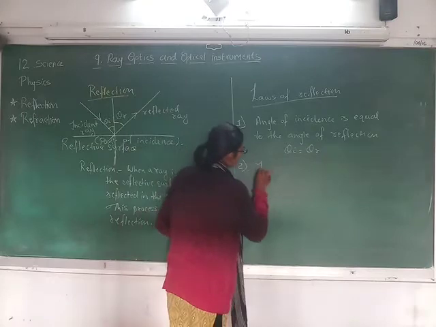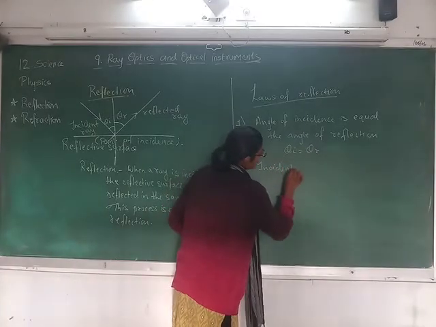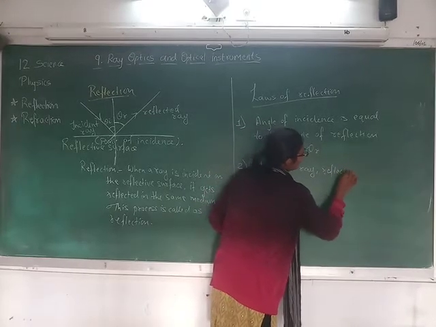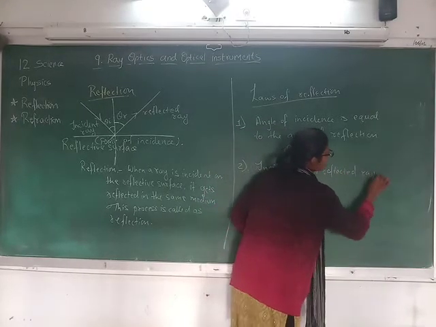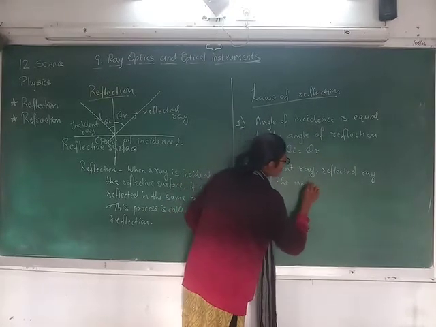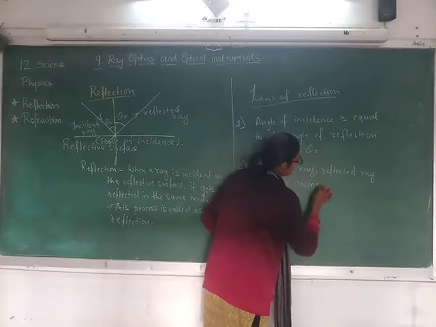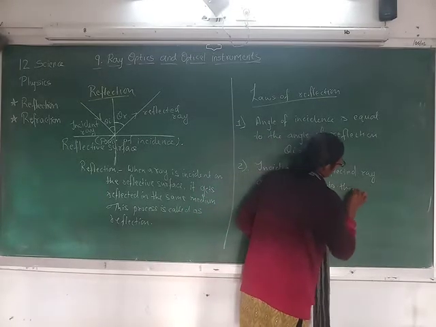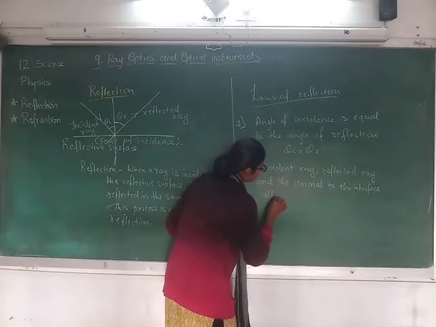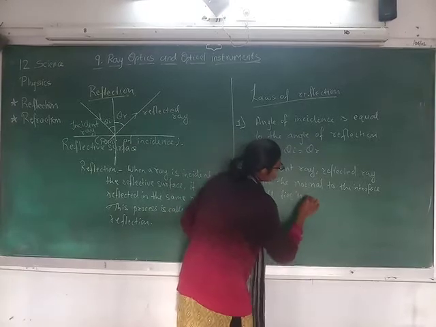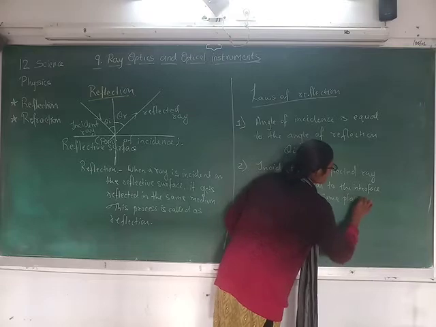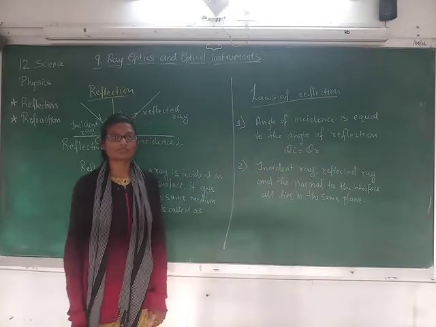So over here, the second law is: the incident ray, the reflected ray, and the normal to the interface all lie in the same plane. So these are the laws of reflection.